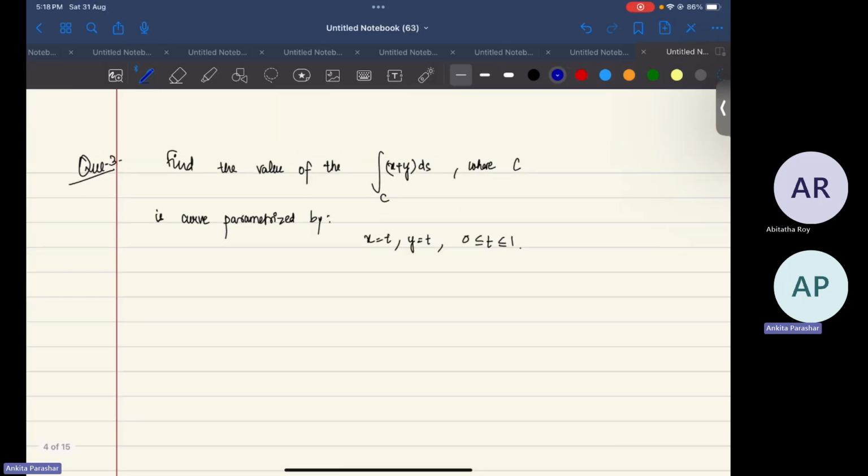Now here is the question. Find the value of this integral where c is the curve parameterized by these parameters. Can you compute it?